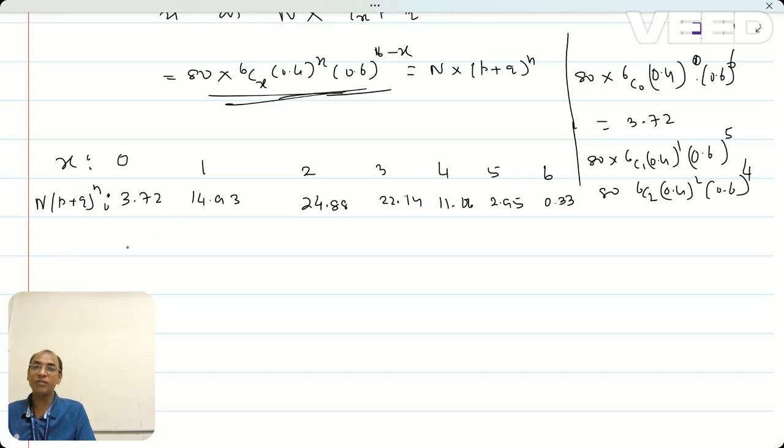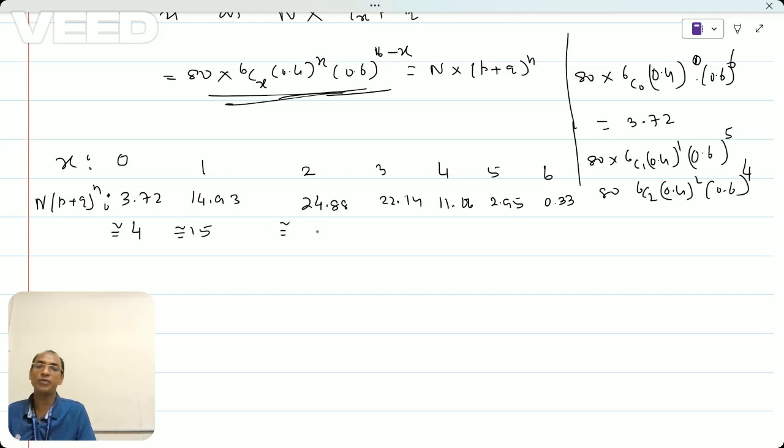For the first one, after the decimal 7 is there, more than 5, so I will add 1 to the previous digit, so it will be 4. Similarly, after the decimal I have 9, which is more than 5, so 14 plus 1 is 15. This is approximately 15.